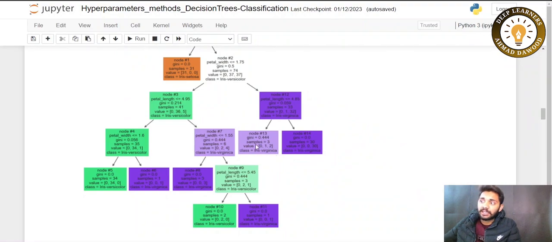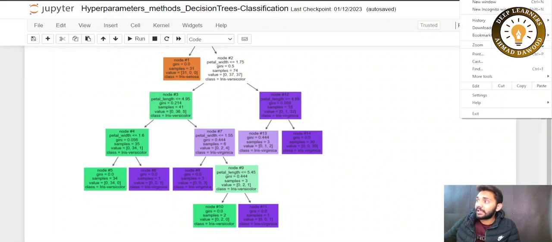The reason is that, as I told you, it keeps on splitting if there is some decrease in impurity, or until it gets pure leaves. Here both conditions are true, there is some gini impurity, but it has not split further, even though we have not restricted this tree by passing values to the hyperparameters.